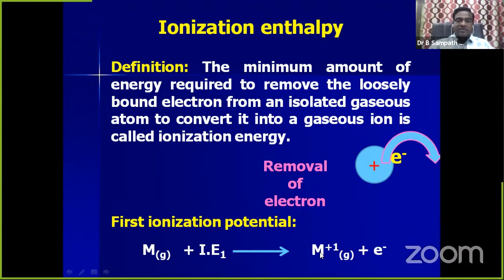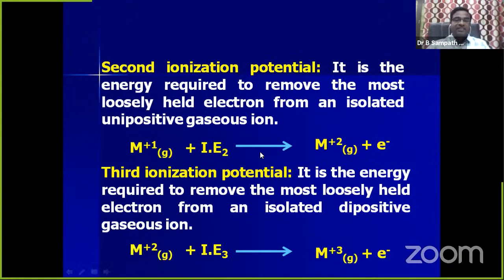So children, after removing one electron from a neutral atom, we get a unipositive ion. For that, we have to supply some energy. That energy is called IE1. This is the first ionization potential. In the same way, if we remove one more electron from this unipositive ion, that is the second ionization potential.